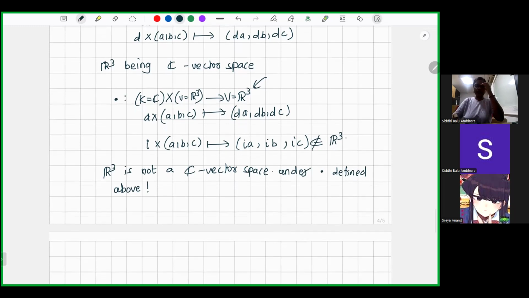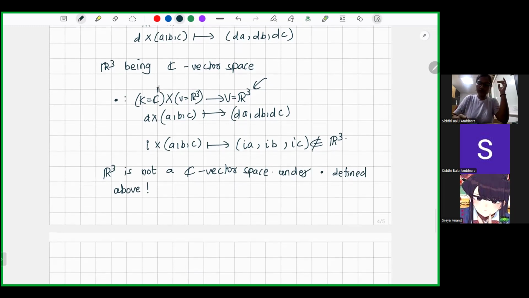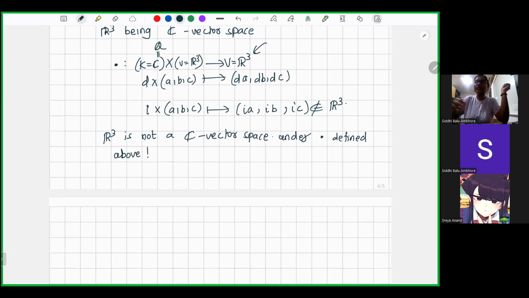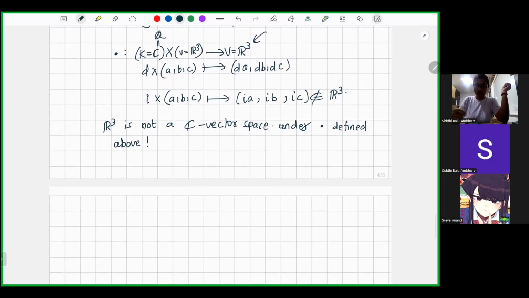Okay. But if you take, instead of C, the set of rational numbers, then it will be a vector space. Because in that case, it will still land in R3. So if I take Q instead, R3 is a Q vector space under the scalar multiplication defined earlier.